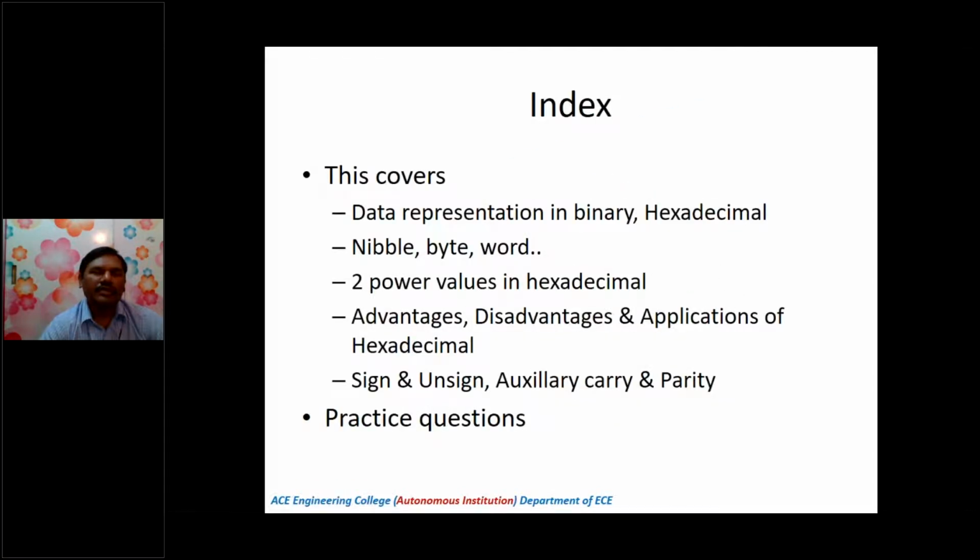From here onwards we are going to discuss how data is represented in binary and hexadecimal, and how this binary can be represented again in terms of nibble, byte, word, and how to represent in hexadecimal, and what the advantages, disadvantages, and applications of the hexadecimal number system are, and so on.